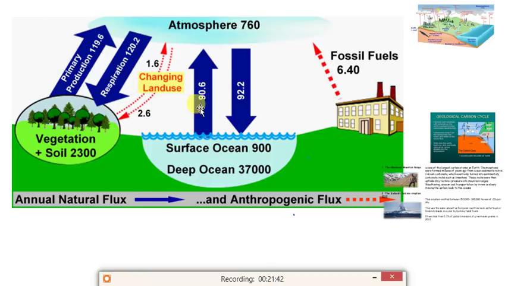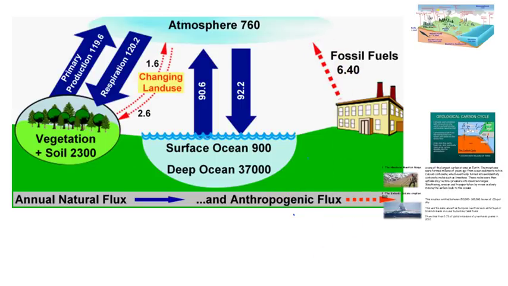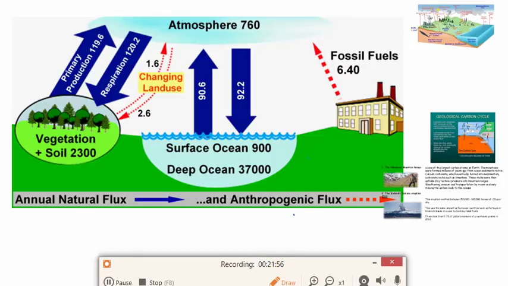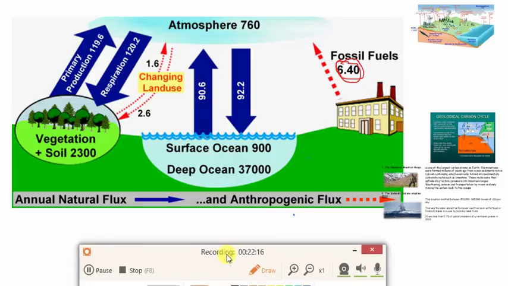And if we think of anthropogenic activities such as deforestation and burning fossil fuels, it doesn't seem that significant at first when you think of the size of the fluxes and the stores, but 6.4 pentagrams being released through burning fossil fuels can actually kick this system out of balance very slowly.